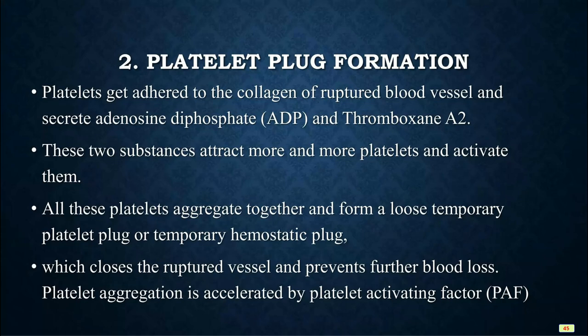These two substances attract more and more platelets to the wounded area, then all these platelets aggregate together and form a loose temporary platelet plug or temporary hemostatic plug. This plugs the ruptured vessel and prevents further blood loss.